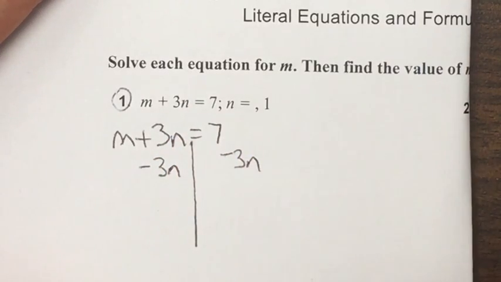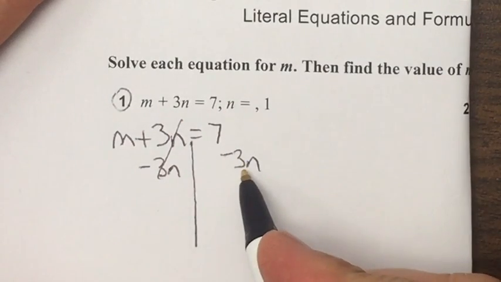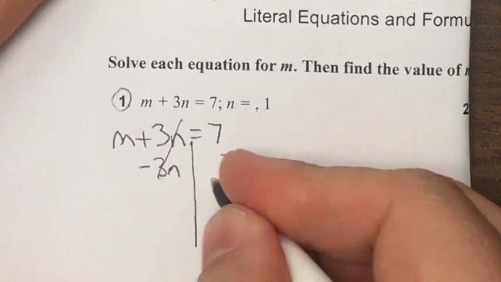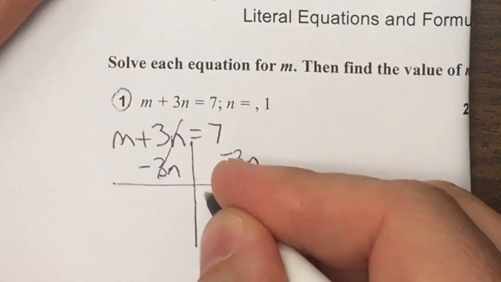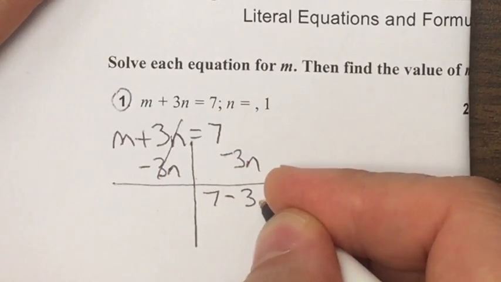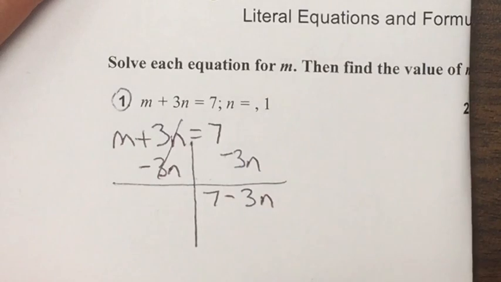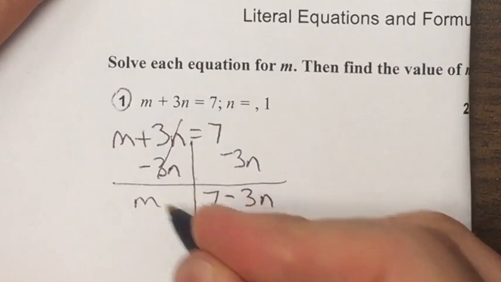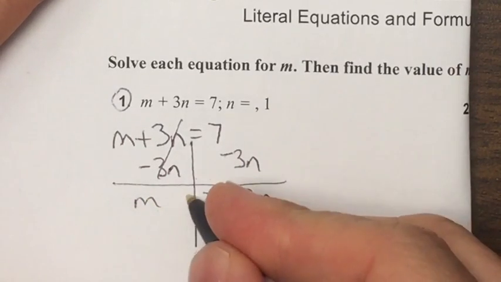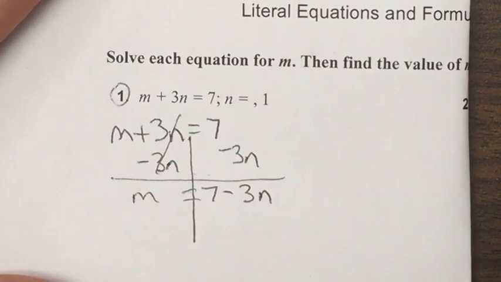I do that on both sides to keep it balanced. These cancel. The 7 and the negative 3n are not like terms, so I can't combine them. I just write them side by side. 7 minus 3n. So now I have m by itself. I have solved for m. m is equal to 7 minus 3n.